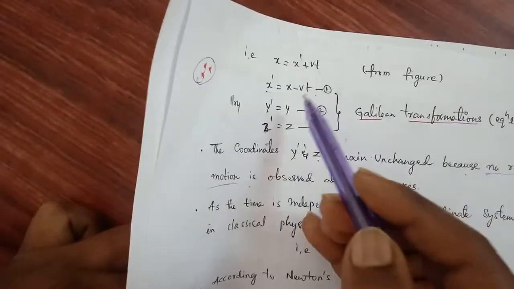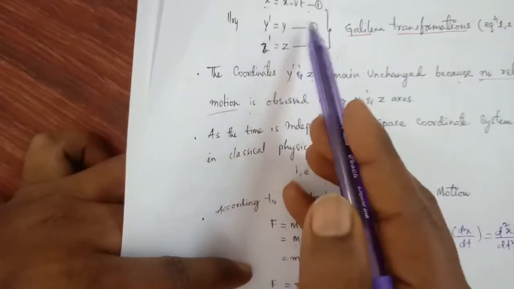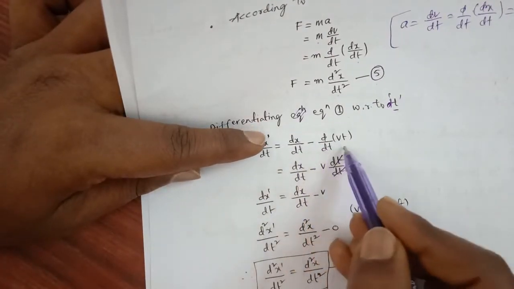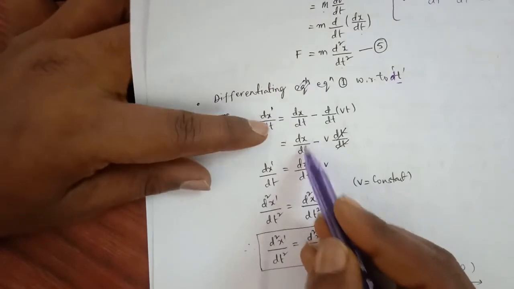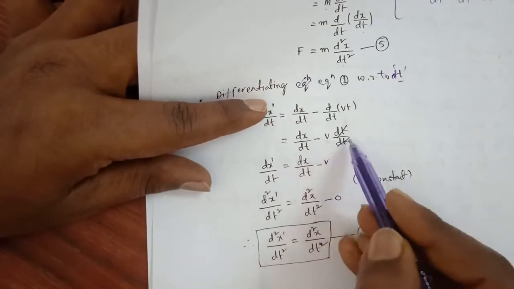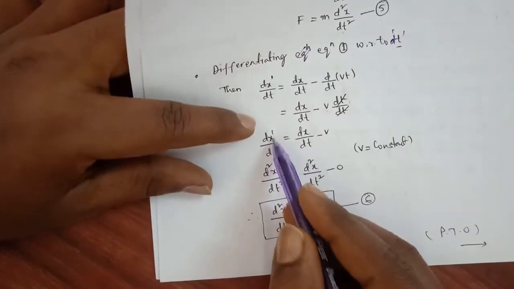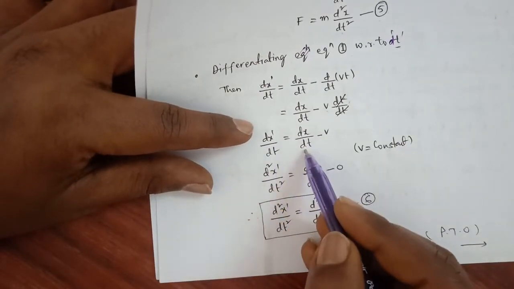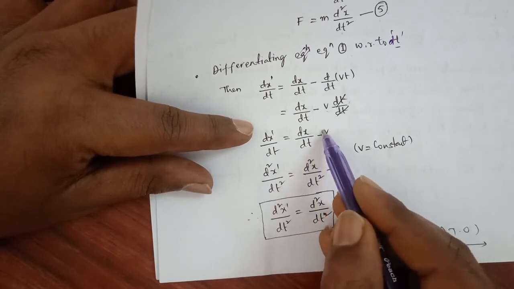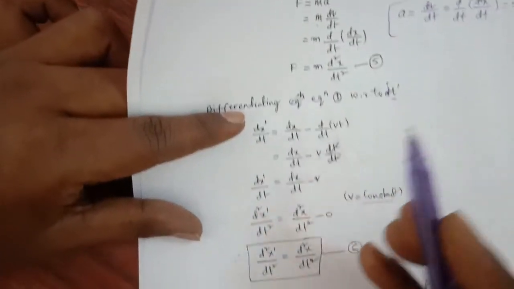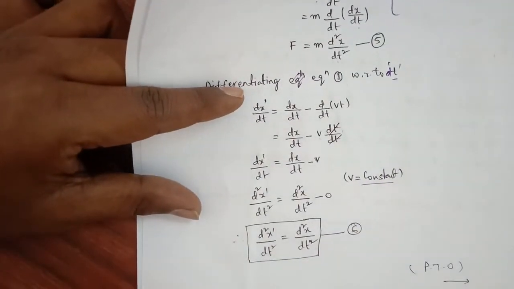Separately you are writing dx by dt minus d by dt of vt, and dx by dt minus v is constant, dt by dt gets cancelled, that is 1, and dx dash by dt equals dx by dt minus v. Here v is a velocity, but it is constant velocity. Whatever the S and S dash frames are moving with, a constant velocity.